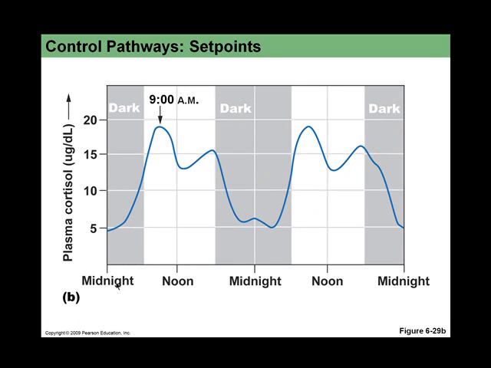So we have the same 12-hour time intervals on the x-axis for this graph, and the plasma cortisol in units of micrograms. That's a U, but it should be mu, for micrograms per deciliter of blood. So can you convert this to milliliters?